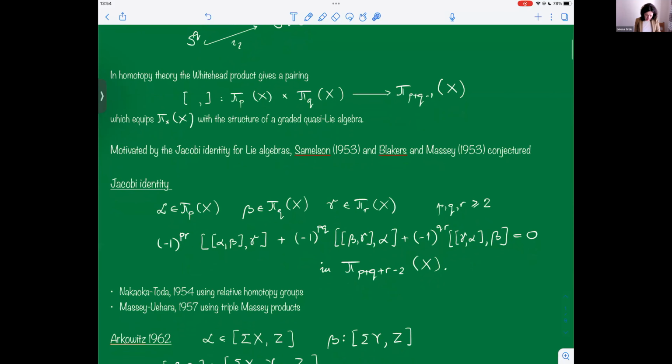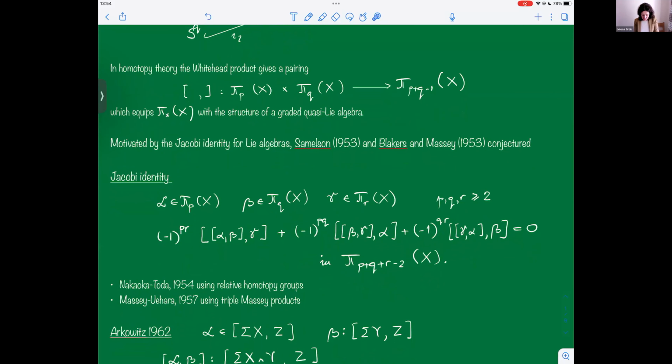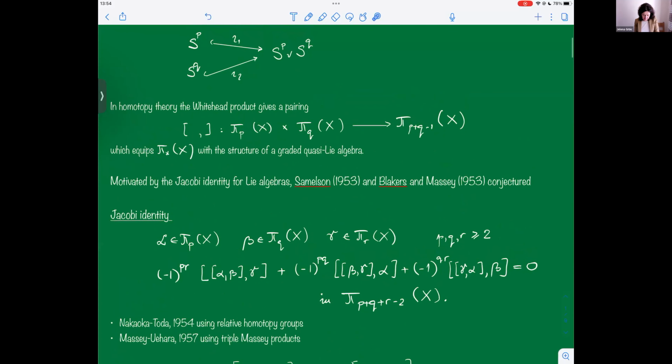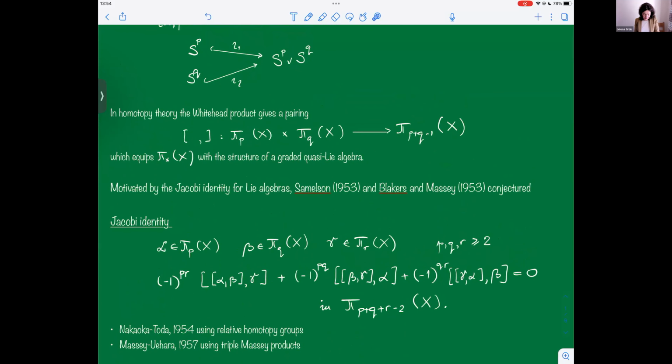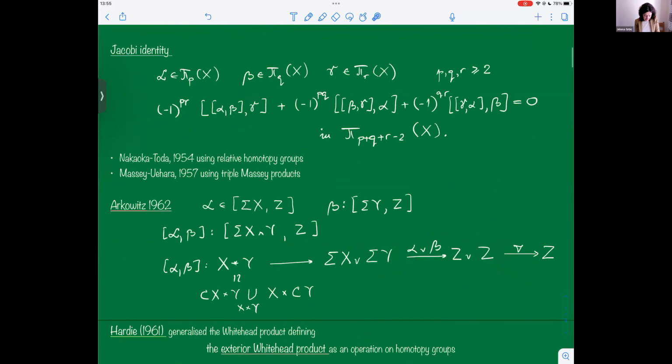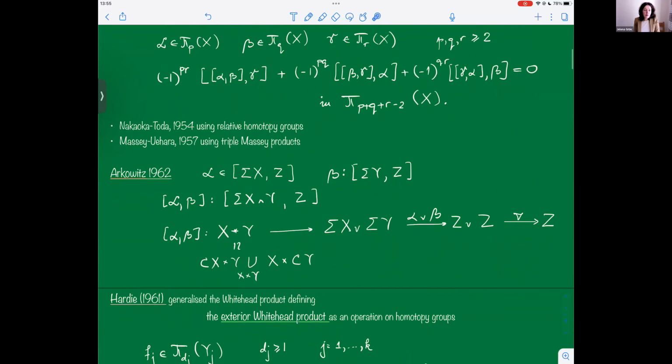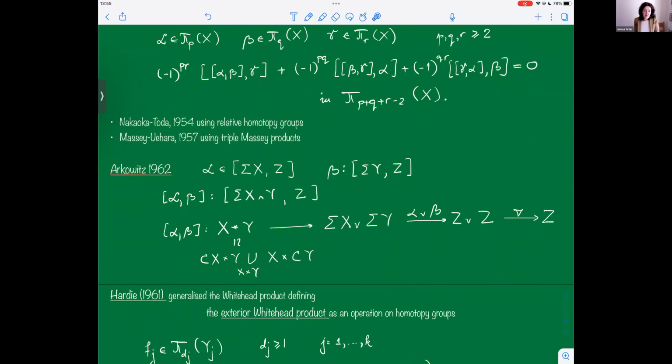Whitehead products were initially defined in homotopy groups, where you're looking at a spherical map, a map from a sphere into a topological space. But then Arkowitz generalized that pairing, or Whitehead product, to an arbitrary suspension space.